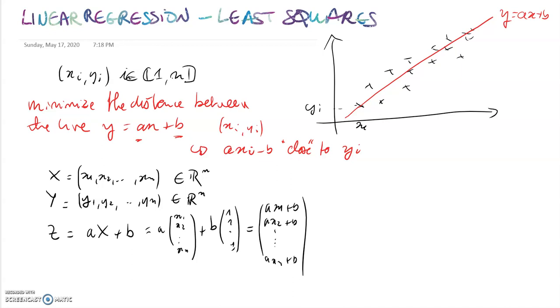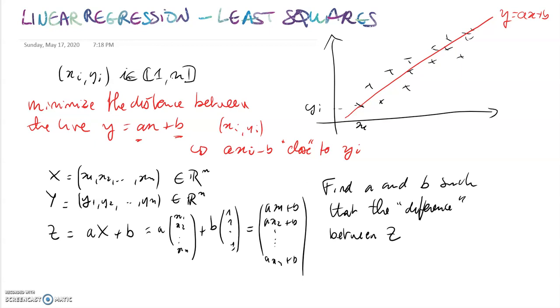And basically, we want to find a and b such that the difference between the vector z that we have created out of our observation x with the unknown coefficients a and b that we want to find, we want to minimize that difference between z and the yi's, the real observations, the values we got from the experiment.